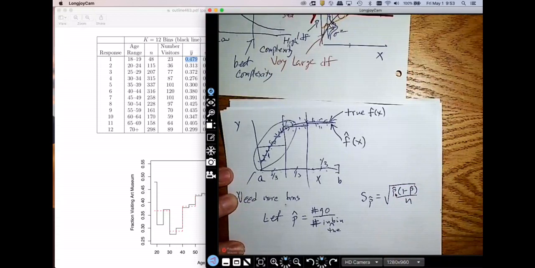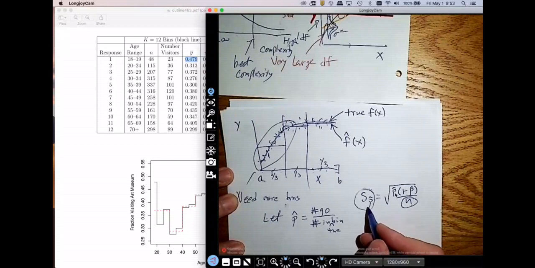So what I want you to note is that there is an n in the denominator. So this is something you should have learned in your basic stats class. When you have a larger sample size, the reliability as measured by the standard error increases. When you have small n, the standard error gets very wide.